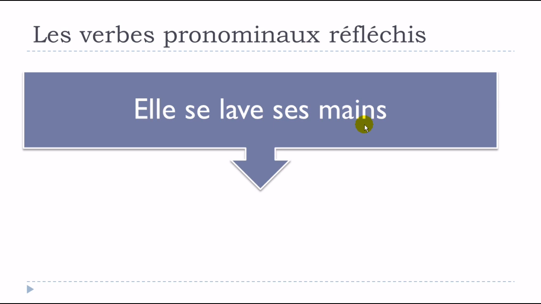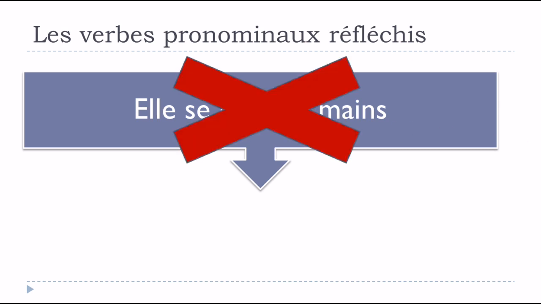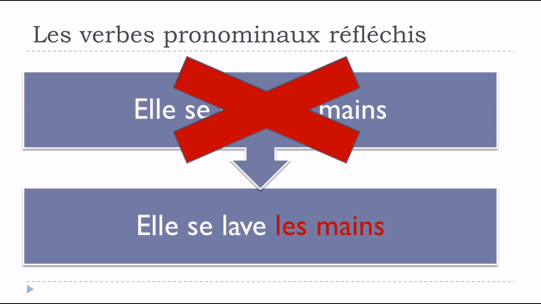I mean, it would be logical, why not, but unfortunately the French grammar says that no, it's not possible. So keep in mind that if you want to use this structure and put this complément d'objet direct after your verb, you should put the article here, les, and don't use the possessive ses.